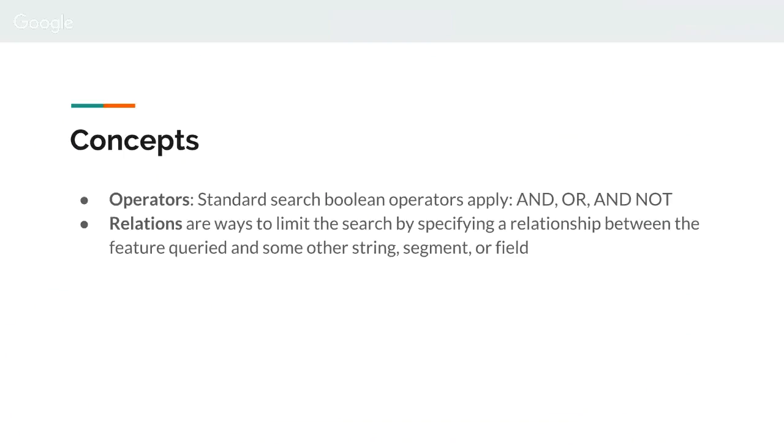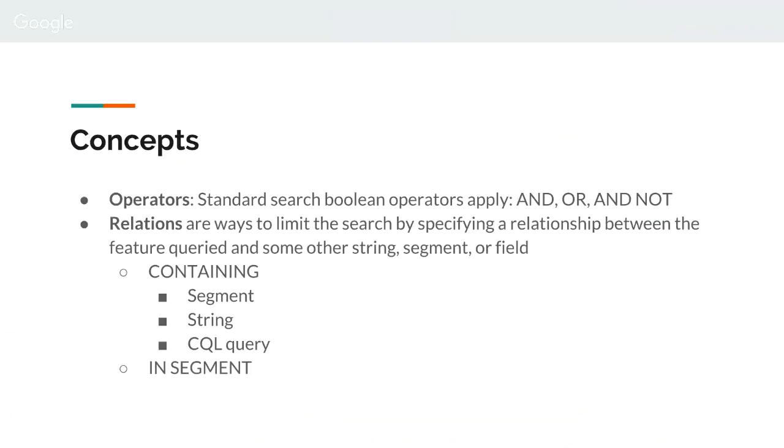All right. So we have the relation of containing, and you can look for a feature that contains a segment or contains a particular string, or a CQL query, which we will handle at a later date next week.